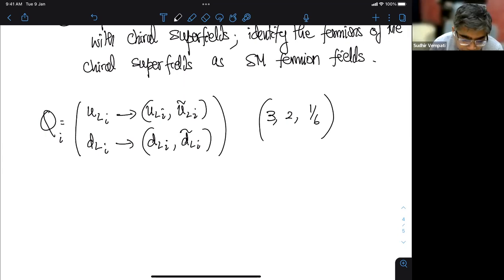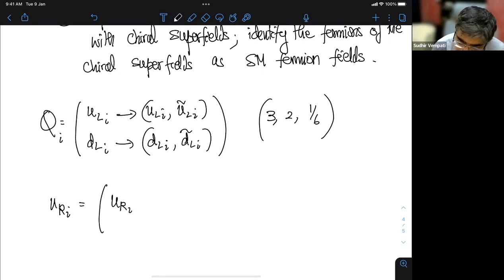Now what to do with the right-handed fields? I have to replace them with right-handed I, right-handed tilde.